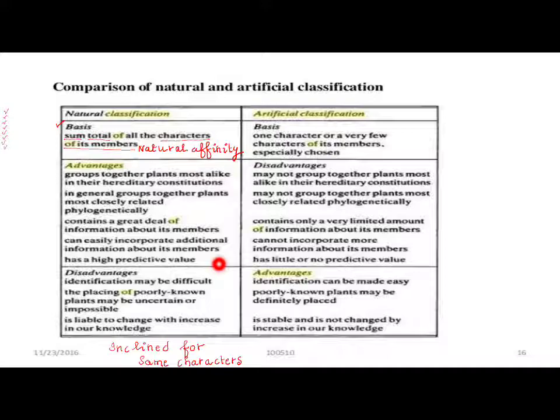This is important. Think, in the next generation, our children will also have affinity towards each other because they are again from a common origin, naturally inclined for same characters. So we see this natural affinity if it is from common origin.